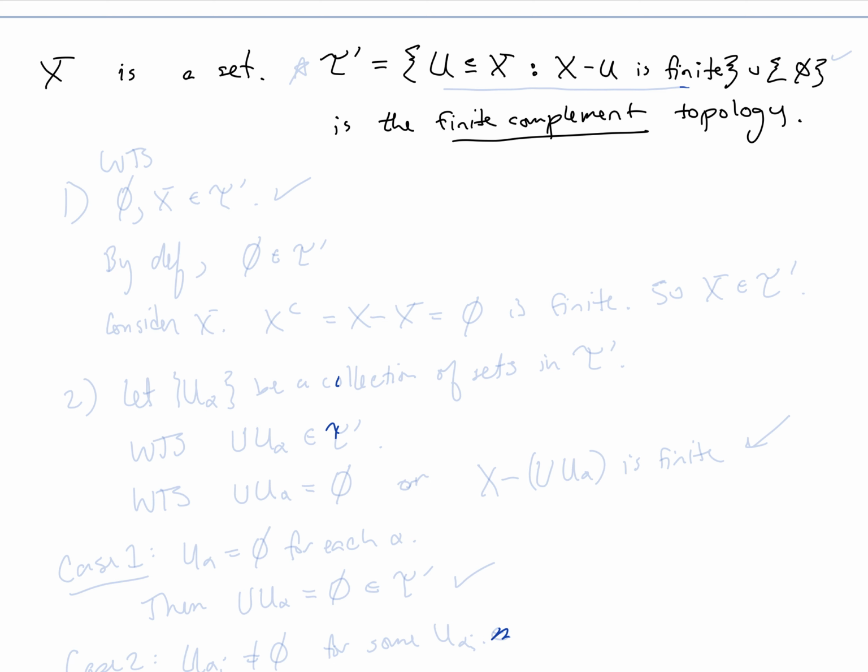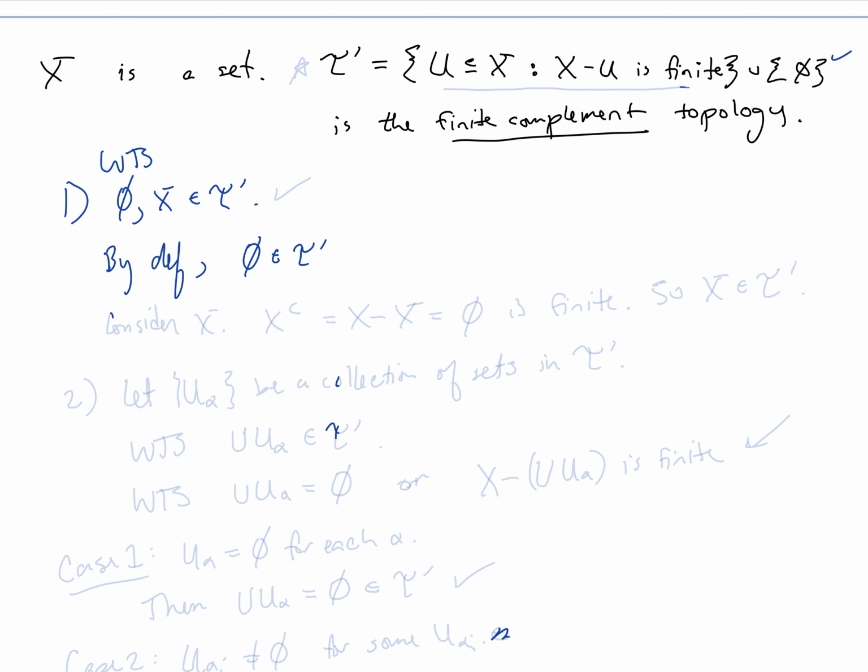So the first property of a topological space is that the empty set and the entire set are elements of the topology. We want to show that that is the case. So by definition, we already see that the empty set is in tau prime. Great, we've got that already.